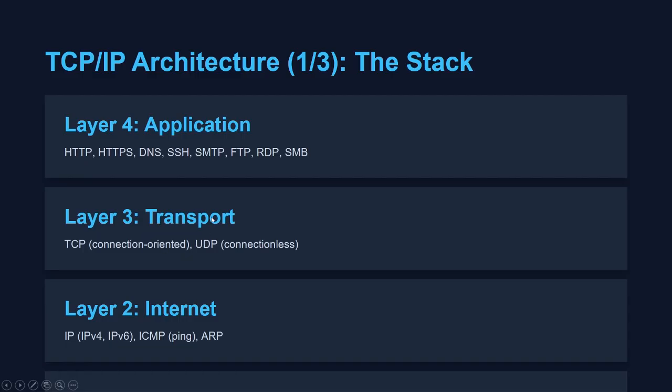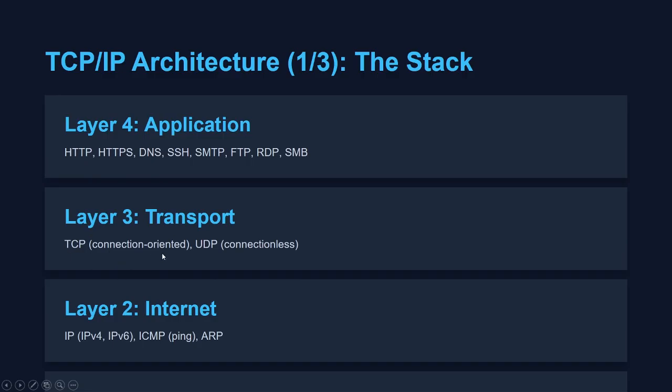The difference between TCP and UDP is that TCP is connection oriented, and UDP is connectionless. Mainly UDP is used for voice over IP communication, video, and stuff like this.